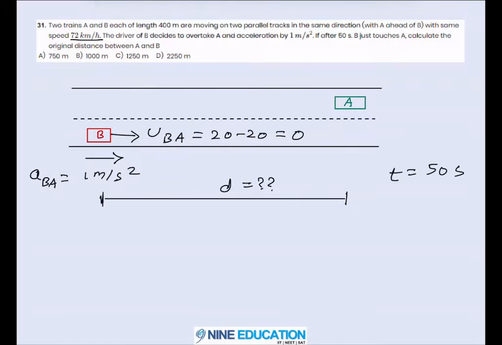So S is equal to ut plus half at square, and ut will become 0. So S, which is D, is equal to half into the relative acceleration, which is 1, into T square. T is 50, so 50 square by 2, and that value will be about 1250 meter.